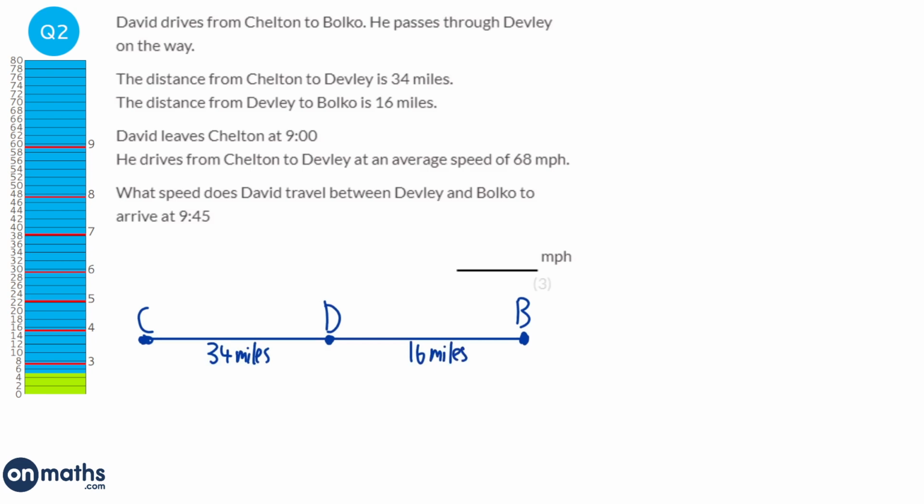David leaves Chelton at 9 o'clock. He drives from Chelton to Devley at an average speed of 68 miles per hour. And what speed does David travel between Devley and Bolko to arrive at 9:45? So the whole duration needs to be 45 minutes, or 0.75 hours.